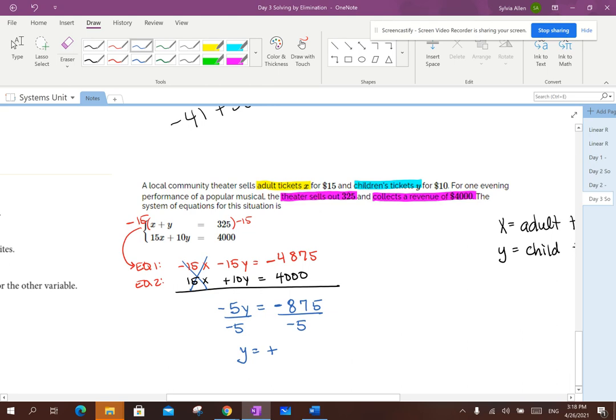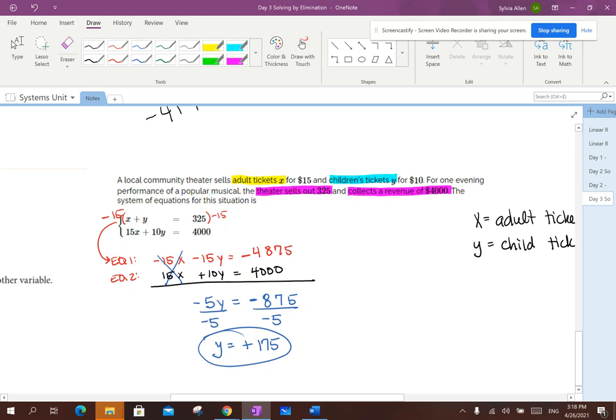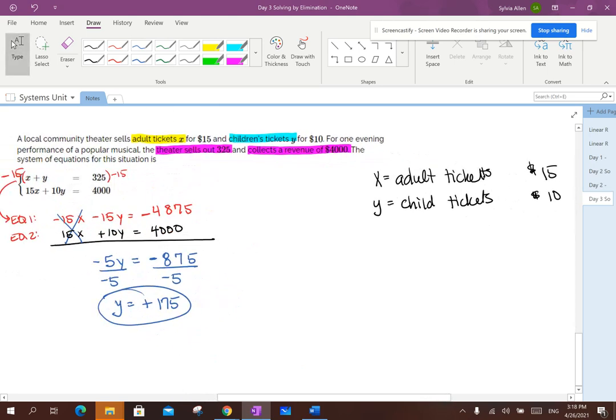So 875 divided by 5 is going to be 175. So what does that mean? Well, the y is 175, which means 175 child tickets were sold.